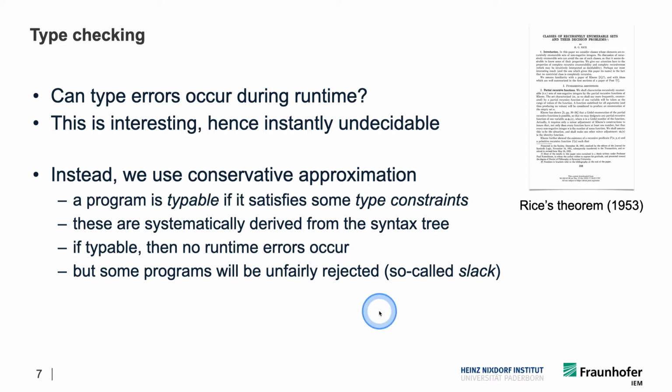But we accept by design that some programs will be unfairly rejected. That's also what some researchers call a false warning or false positives. So we're basically preventing some programs from compiling that are actually, in terms of the types at least, correct, that would execute at runtime. And this difference between what we would actually want to type and what we are typing with a type system, that is called slack.